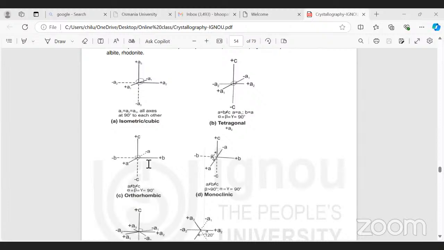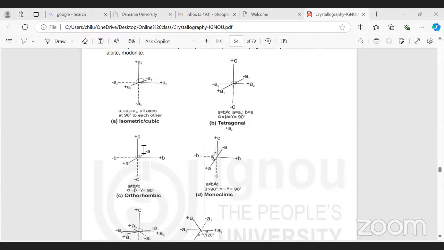A is not equal to B, and B is not equal to C. A has the short length, B has a middle length, and C, vertical, has the highest length compared with these two. According to length, they are not equal, so A is not equal to B is not equal to C.